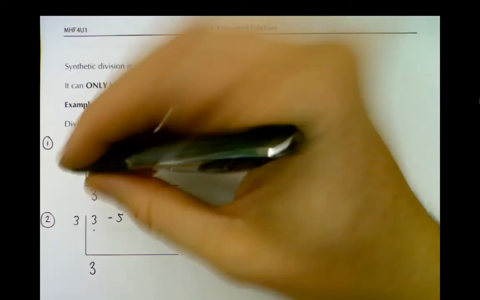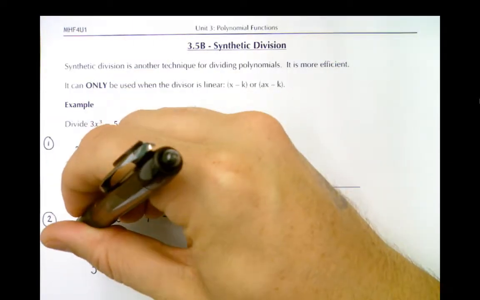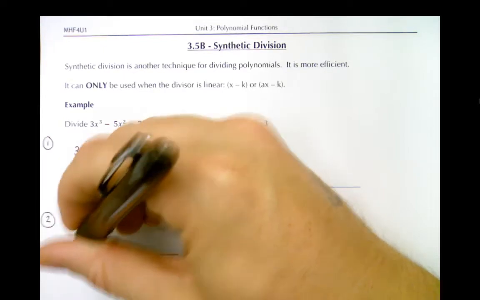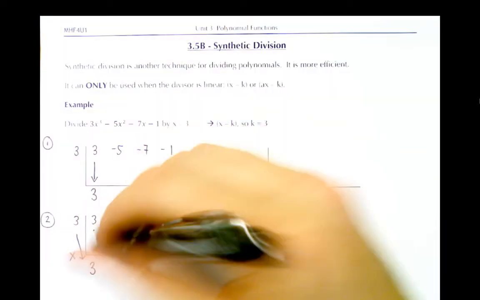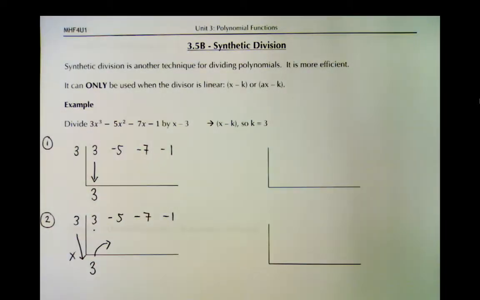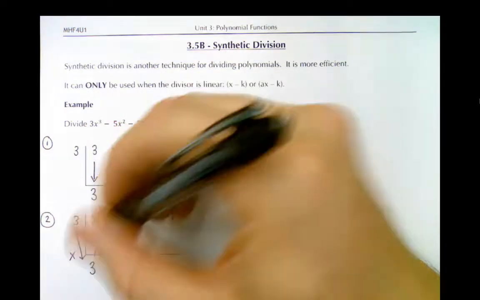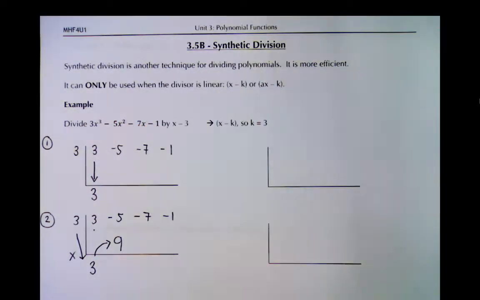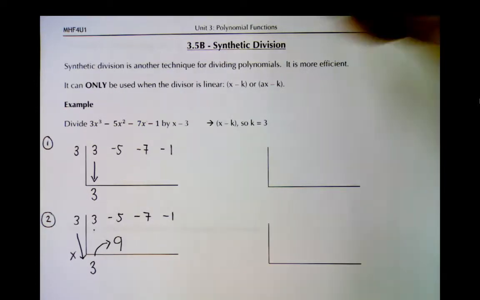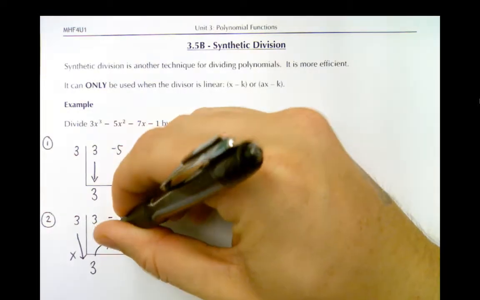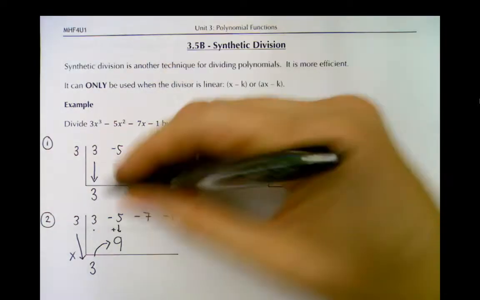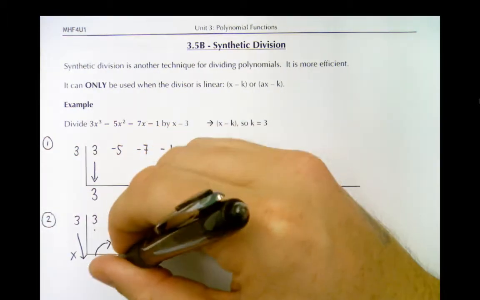What we do now is we take our root, k, 3, and we multiply it by whatever's on the bottom here, and we write our answer right here. So 3 times 3 is 9. And then we add down the column. Negative 5 plus 9 is 4.